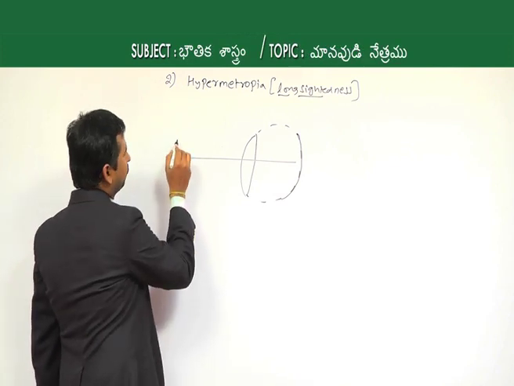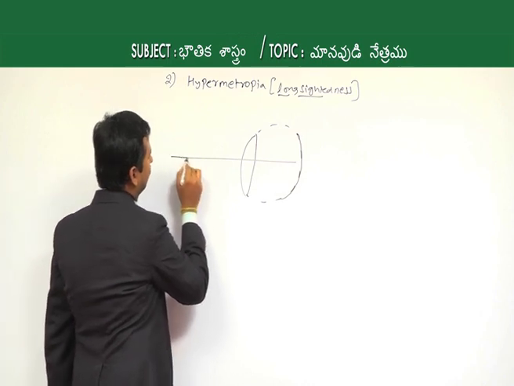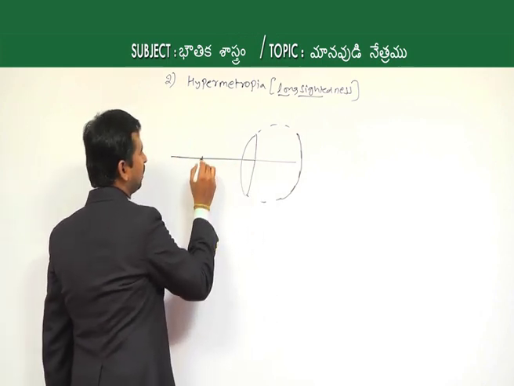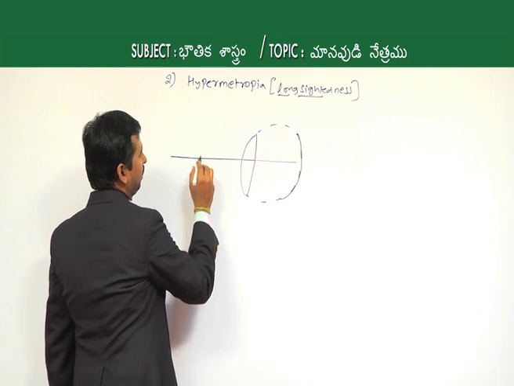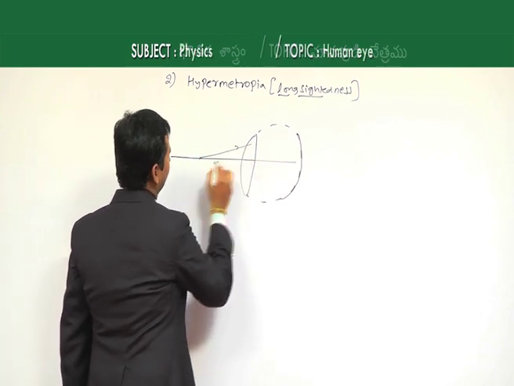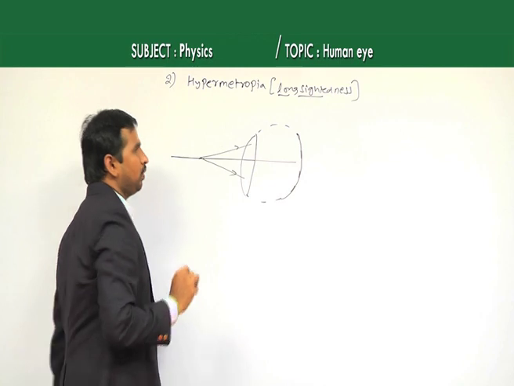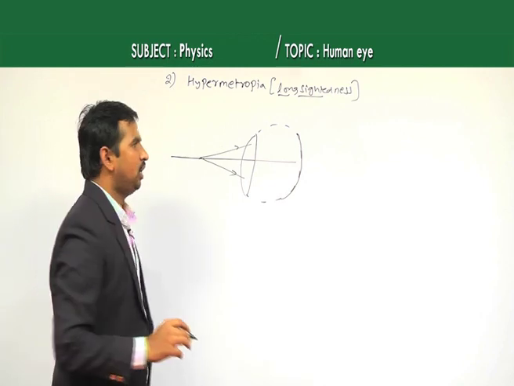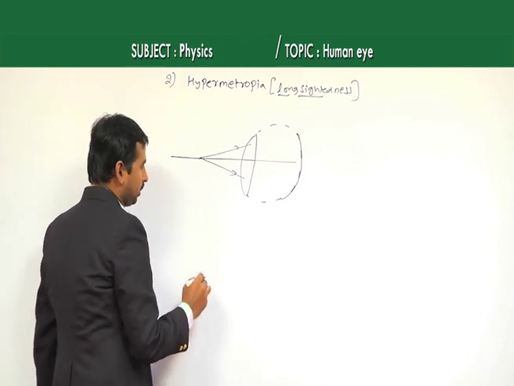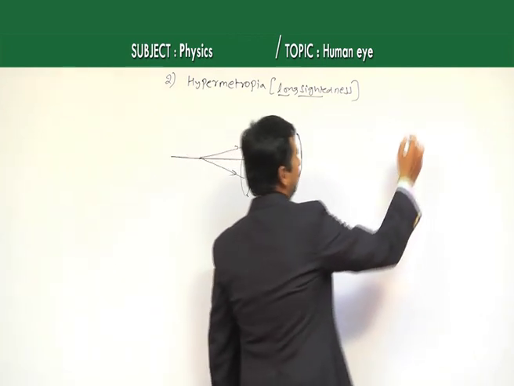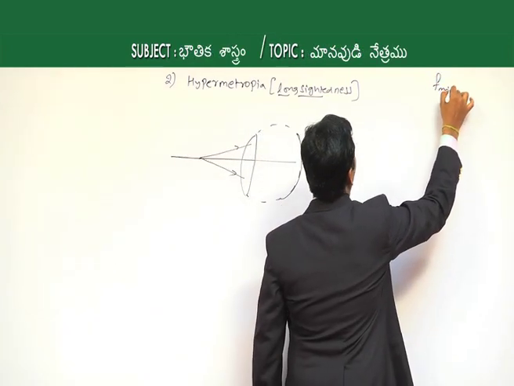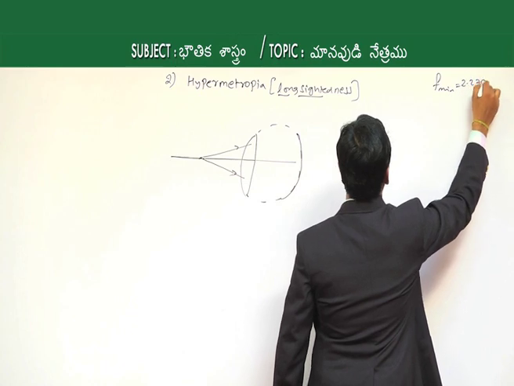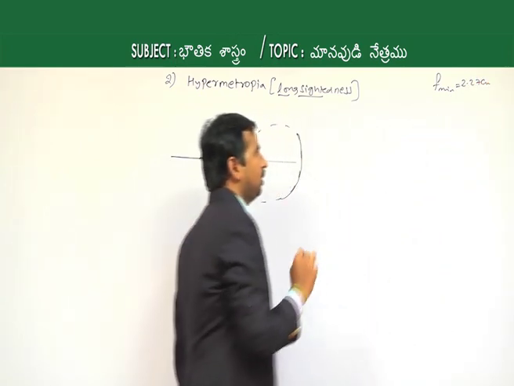The light rays which are coming from far distance we do not have any problem with, but for the object which is taken near here we are getting the problem. Actually, if you want to see the near distance, the minimum focal length required is 2.27 centimeters, of which we already derived that value.